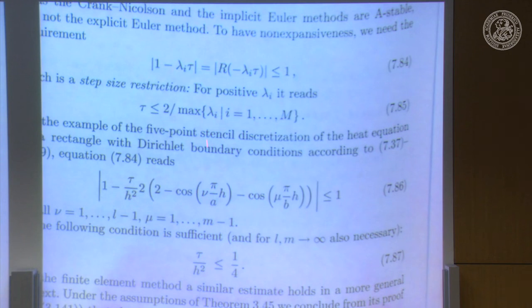That means in this specific case, we get this step size requirement: tau over h squared less or equal than 1 over 4. The 1 over 4 doesn't play a role, but there has to be a bound on tau over h squared. And if you take tau too large, you would get an unstable development in time. You get an explosion in your solution. You have error components.